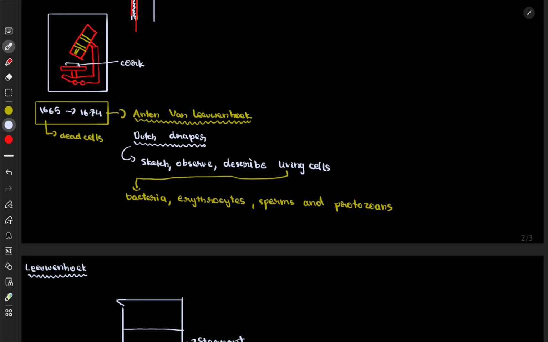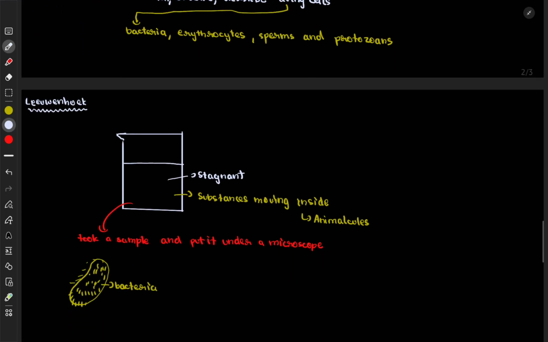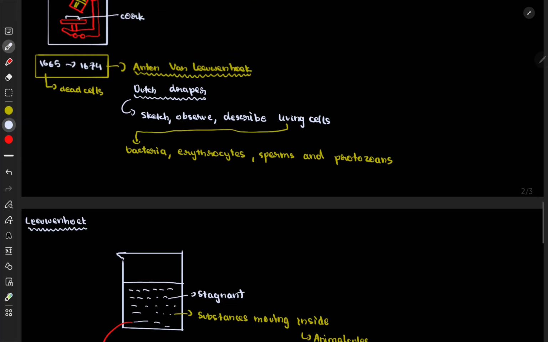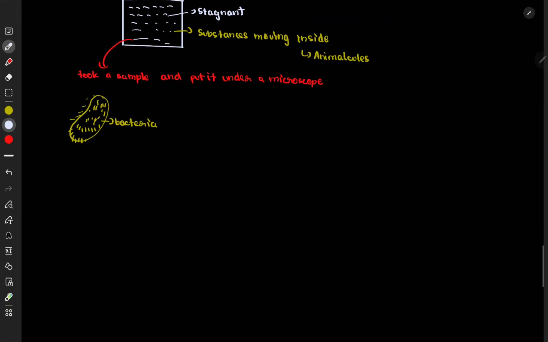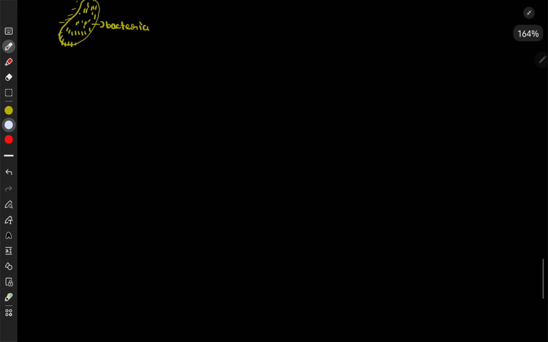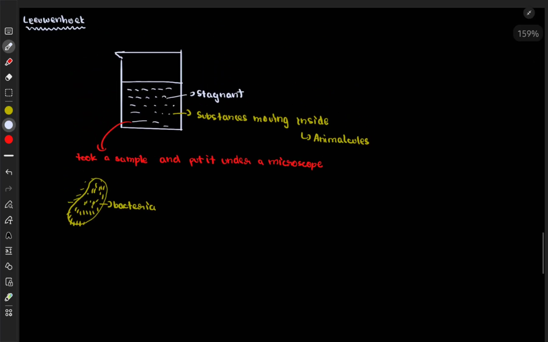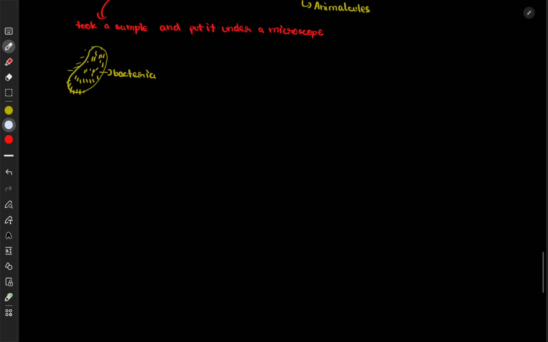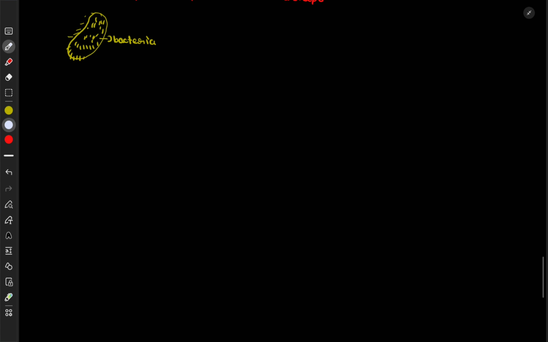He was a Dutch draper, and in 1674 he discovered living cells by performing the stagnant water experiment. He made several new discoveries, and later came a person who gave a cell concept.